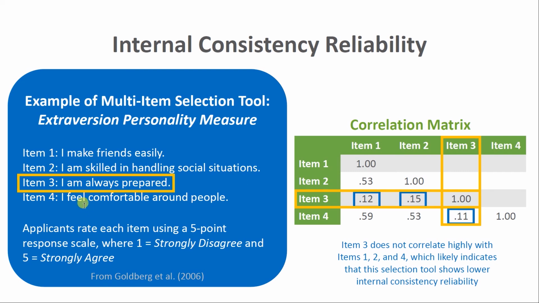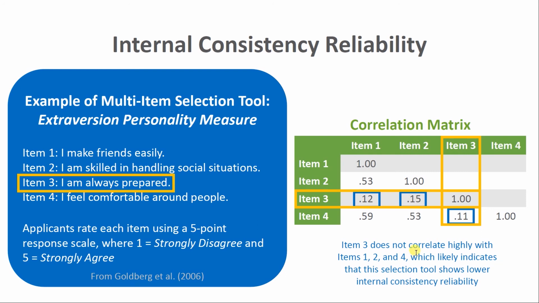They're good in social situations, they're comfortable around people. Item 3 seems to be more about conscientiousness. It seems to be assessing a different personality dimension than extroversion, and this likely explains why item 3 does not play well or is inconsistent with the other 3 items.